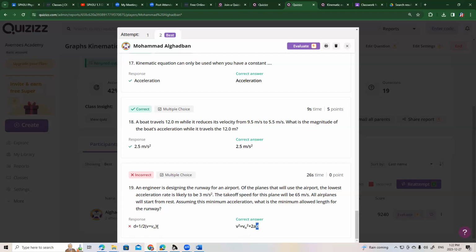Yeah, because if you use this formula, you will need to do 2 steps. You need to find time first. And it's also possible, change of velocities over acceleration gives you time. But the best way, one formula, just rearrange for position, displacement. So change of velocity squared divided by 2a gives you d.